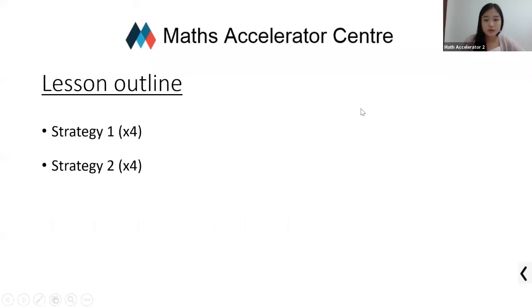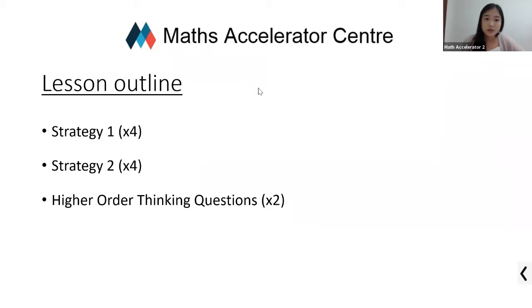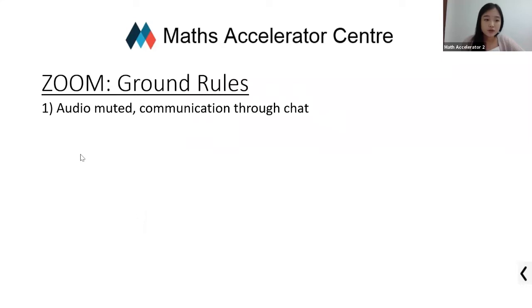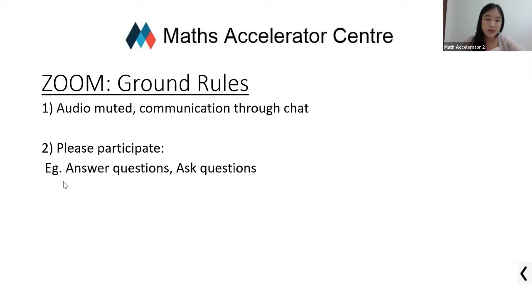So every lesson will have 2 strategies. Each strategy has 4 questions, and at the end, if there's enough time, we'll be doing higher order thinking questions. The same ground rules apply during this Zoom revision class. Audio will be muted, so communication is only through the chat box. Please participate, answer questions, and also ask questions when in doubt.